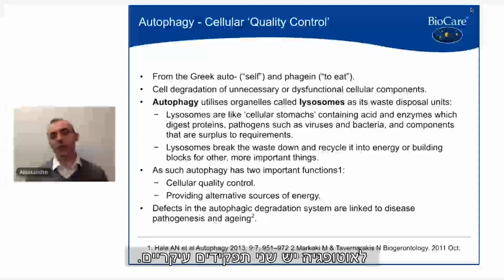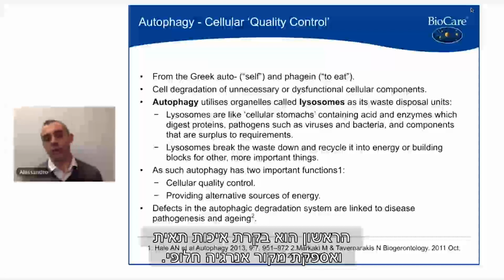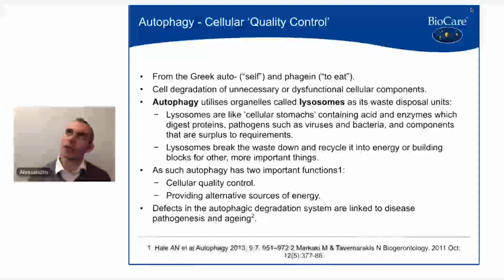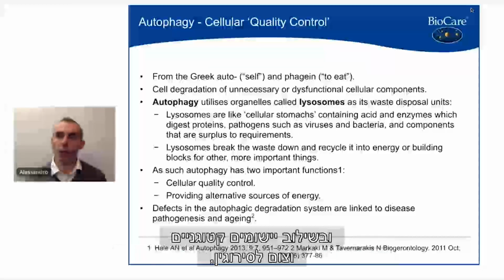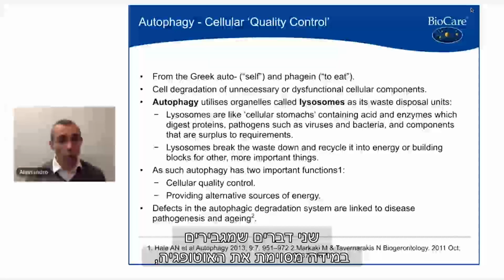So autophagy, in a way, has two major roles. The first is cellular quality control, and the second is providing an alternative energy source. Some time ago, I used to mention different quantities for protein requirement, for example, when combining ketogenic applications and intermittent fasting, both of which, to some extent, enhance autophagia.